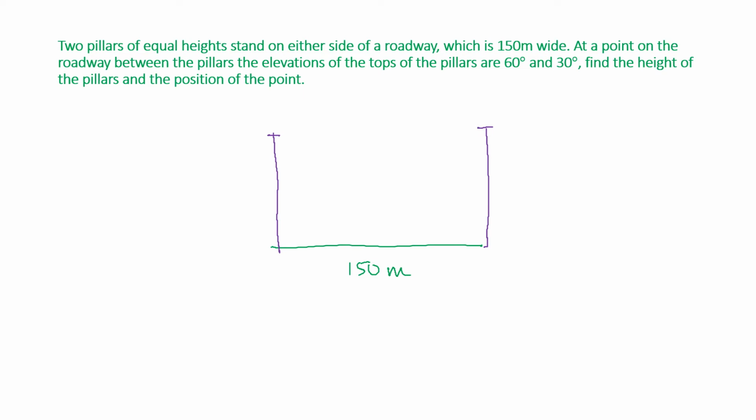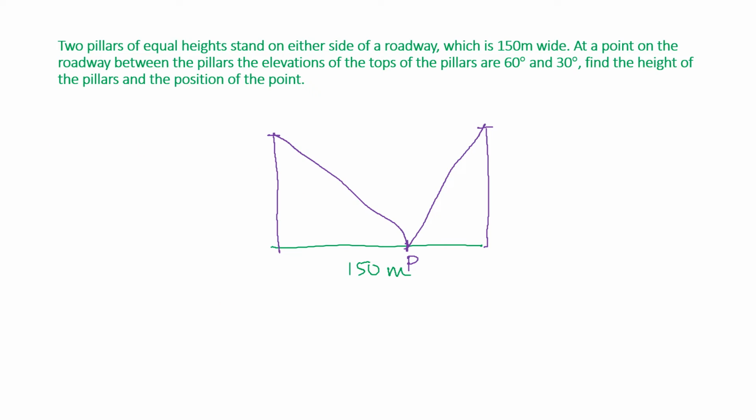At a point on the roadway between the pillars, somewhere in between over here, the angles of elevation of the top of the pillars from a point P are 60 degrees and 30 degrees.